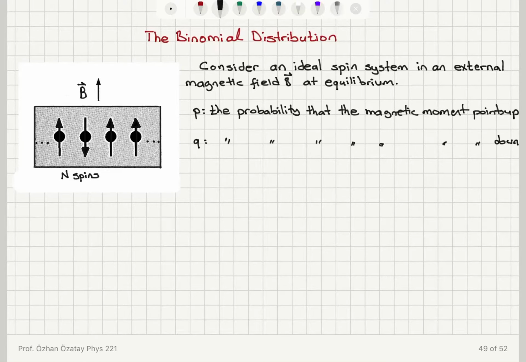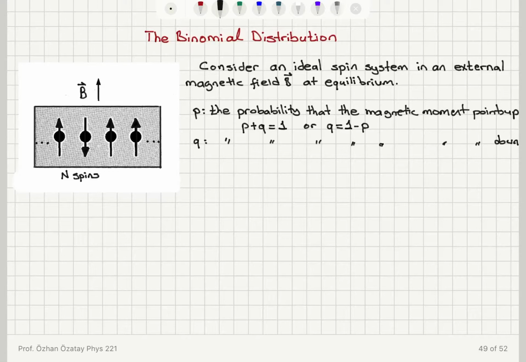Because for a given magnetic moment I have two possibilities, it's either pointing up or down. With these definitions, P plus Q must be equal to 1 because I cover all the possibilities, or Q, the probability of being down, is 1 minus the probability of being up.